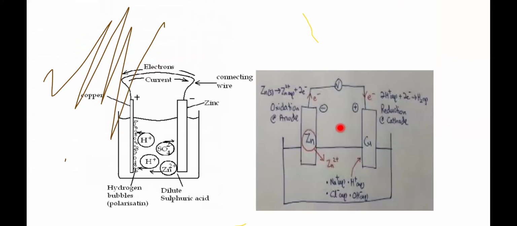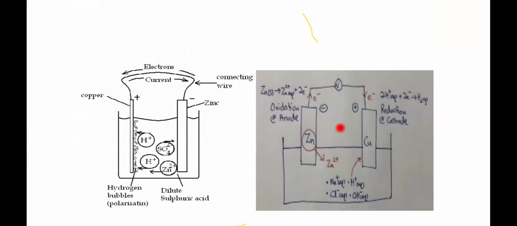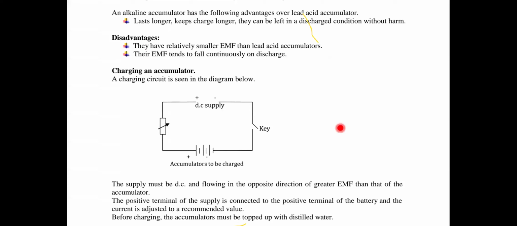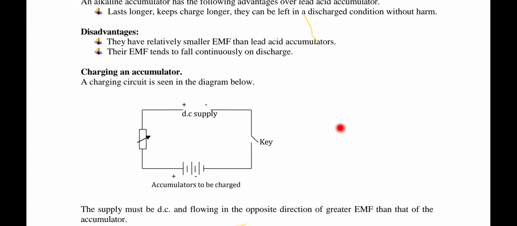There is a difference: the current flows from the positive to the negative, while electrons are the ones flowing from the negative to the positive. That's why when you look at this circuit that we have at this point, the current is flowing from the positive to the negative.